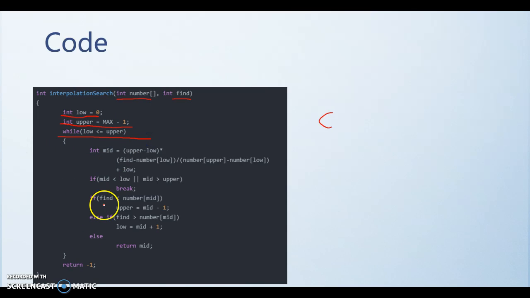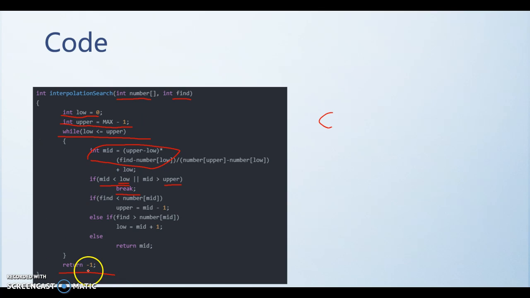The while loop first computes the middle position of this array for what we want to find, and if the middle is smaller than the low or bigger than the upper, we break, because the value doesn't exist in this array, and we return -1.